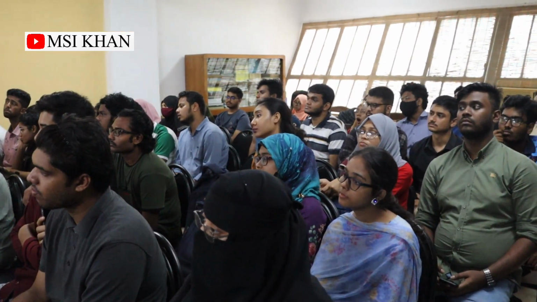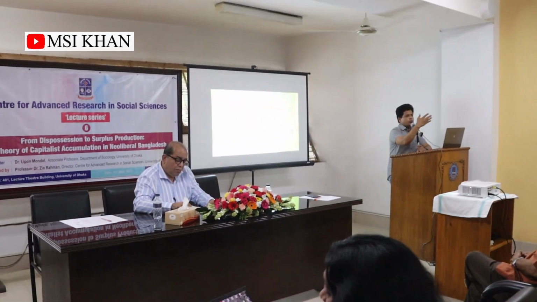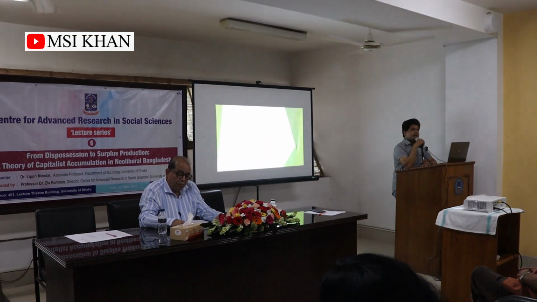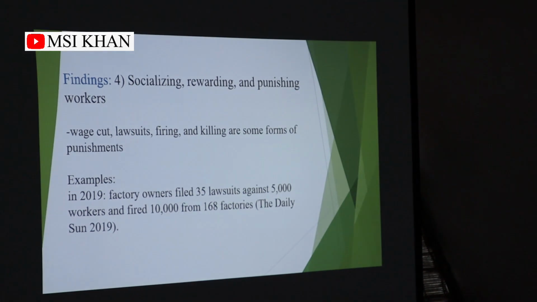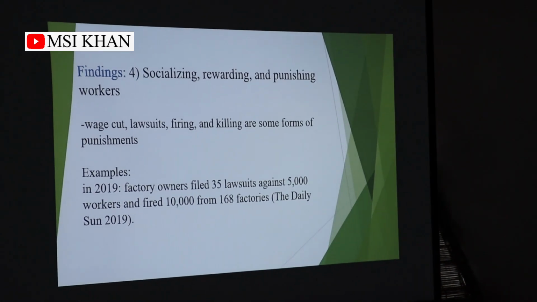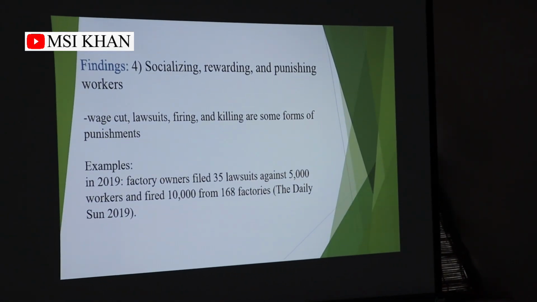And the last one here, one example, this is the last slide: wage cuts, lawsuits, firing, and all other things as punishment. So see one thing, in 2019, workers were on the street to protest and to raise their salaries. That was a peaceful movement on the street.